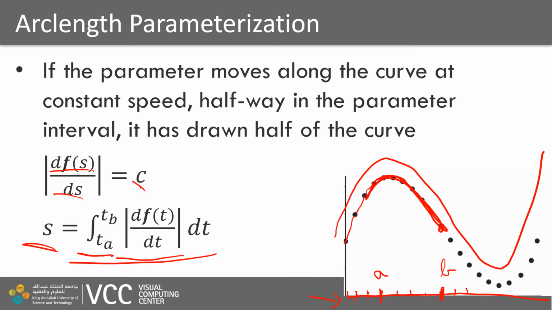But we cannot always express the arc length in an exact way, and often we need to resort to numerical computations. A simple numerical computation is to sum up linear segments between our functional samples, or points on our curve, which approximates the arc length.